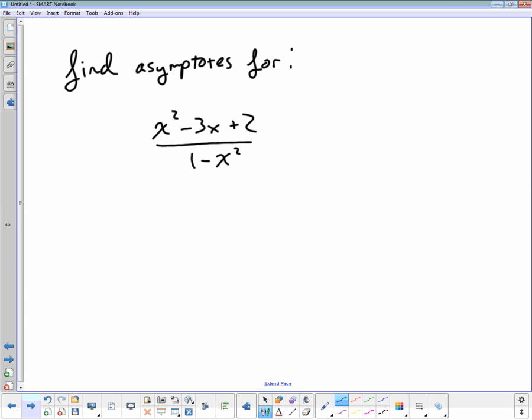Okay, we saw this function earlier today, right? When we were taking a limit of x as it goes to infinity. This is the one we played with earlier. Well, the limit as it approaches infinity is -1, right? But let's take this thing and play with it a little bit further and find all of my asymptotes. So the first thing that we did was move around the denominator a little bit.